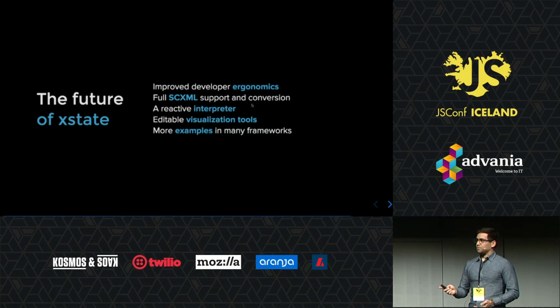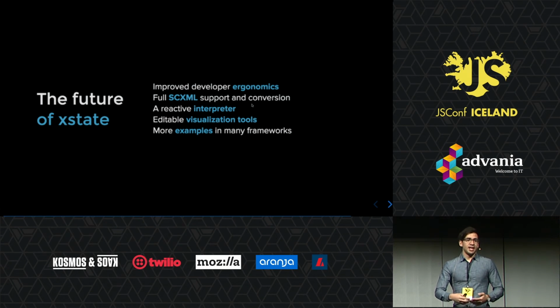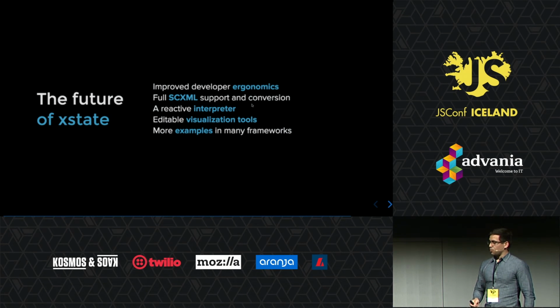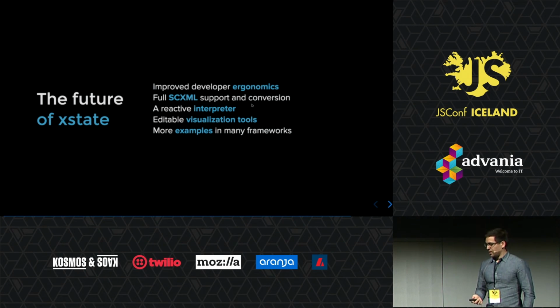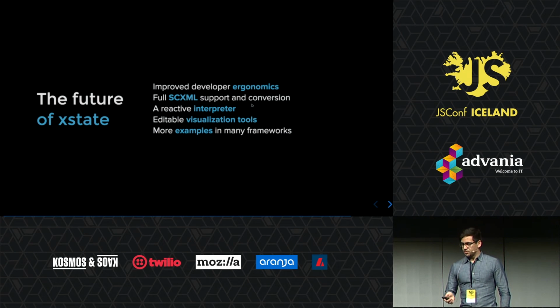And so pretty soon I'm going to be releasing another version, minor version, don't worry, nothing crazy, of XState, where we have improved the developer ergonomics, full SCXML support and conversion, a reactive interpreter, visualization tools, and a lot more examples.